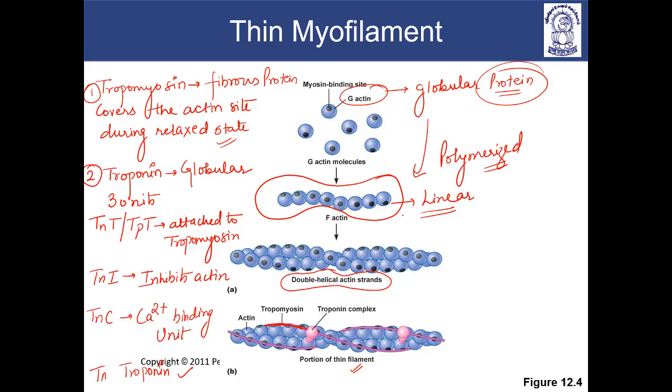You can see the twisting of the two fibrous chains of F-actin. So tropomyosin is fibrous along with two chains, and the third one is troponin, which is globular, having three units.